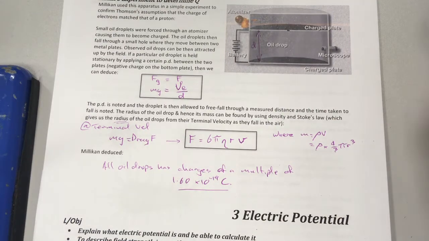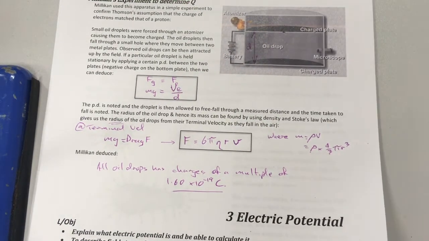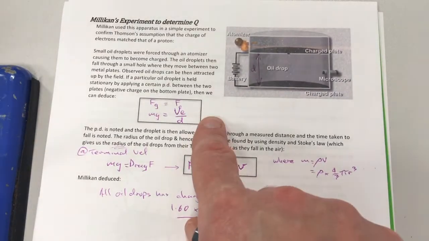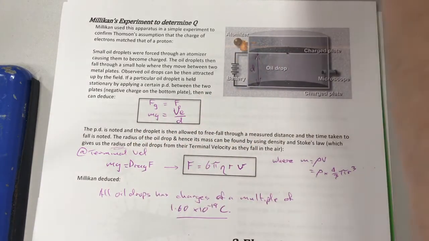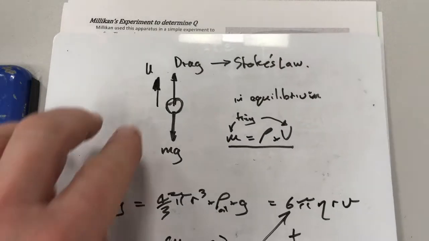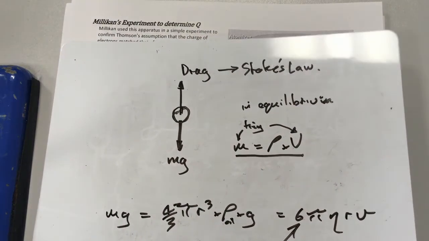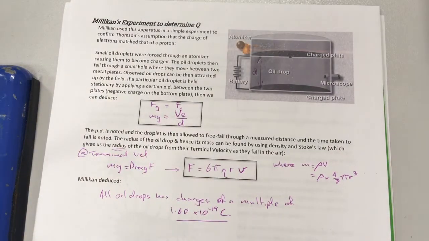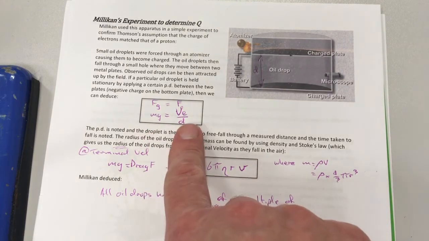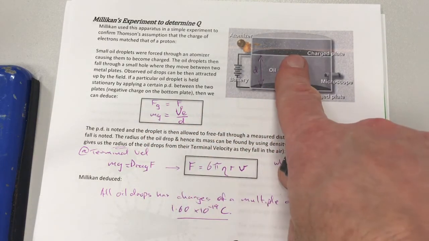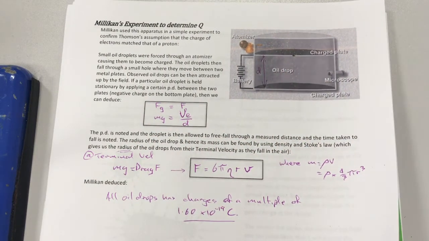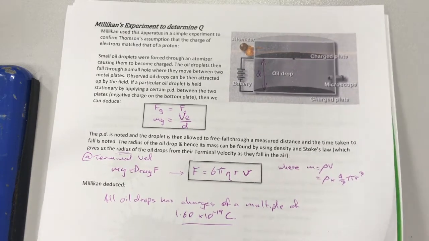Long way. For us, we want the idea that forces balance. Can we identify what forces are acting, whether it's for dropping oil droplets or anything else? If they're stationary, then the electrostatic force upwards is equal to the weight downwards.